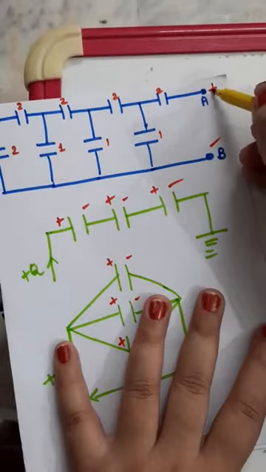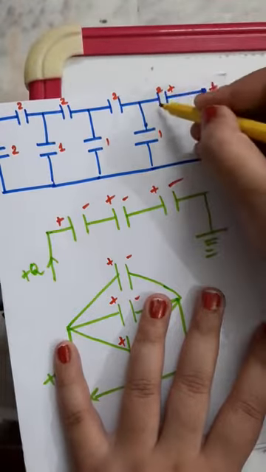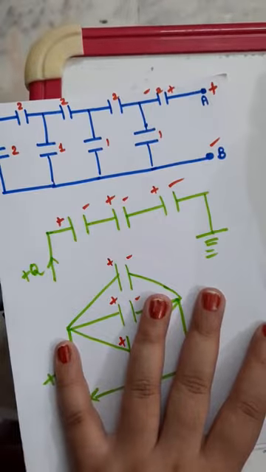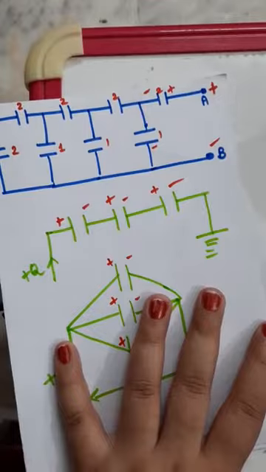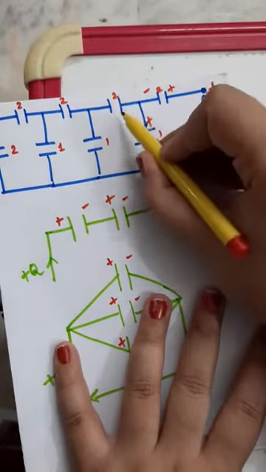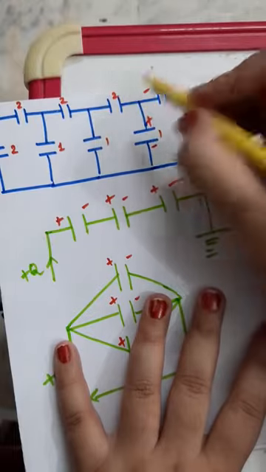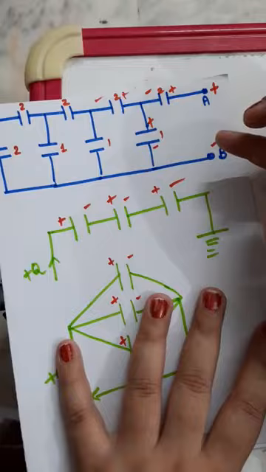So if this is positive, this should also be positive and the right plate due to induction will be negative. And if this is negative, this will be negative and due to induction this would be positive. And talking about this, due to induction it would be positive and this would be negative.